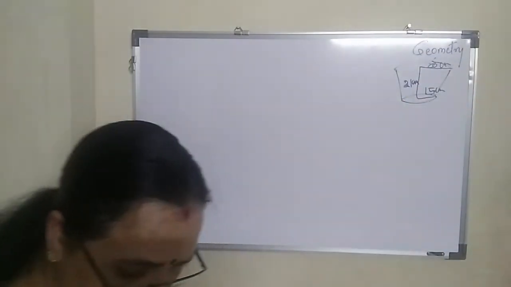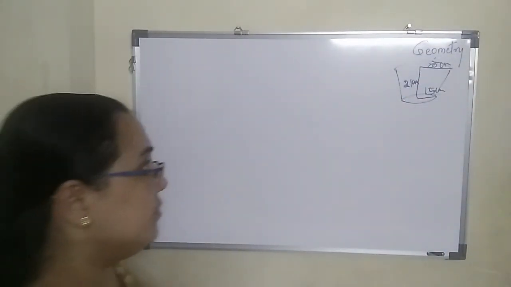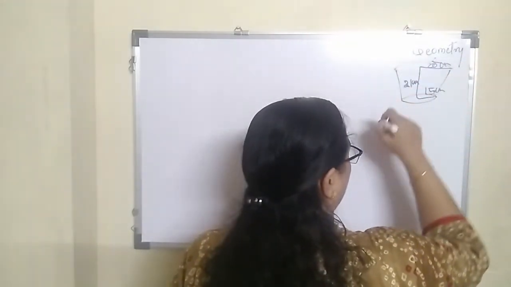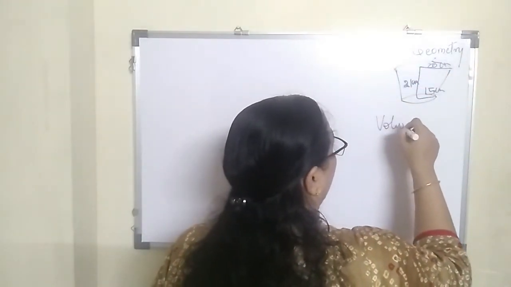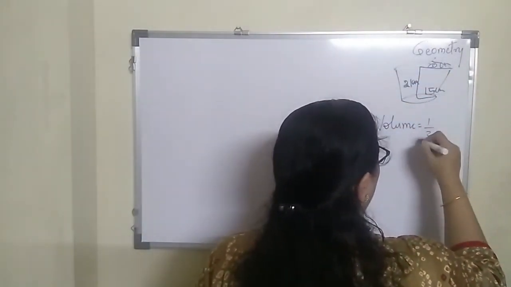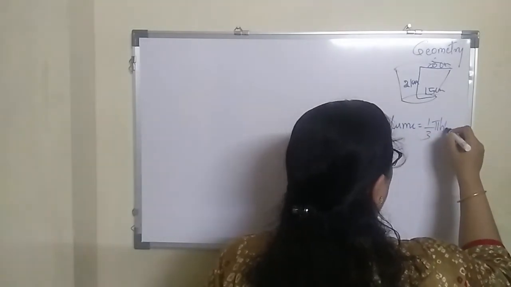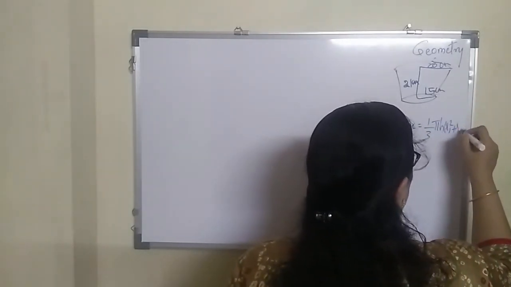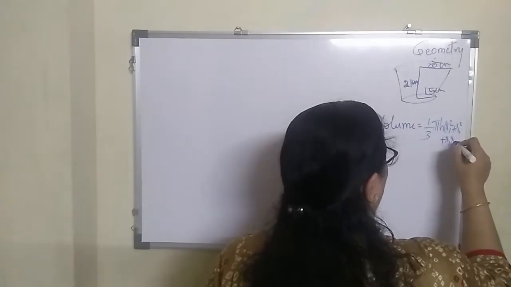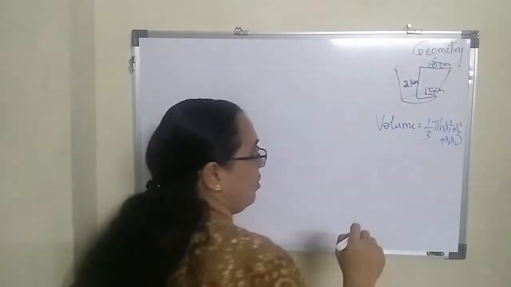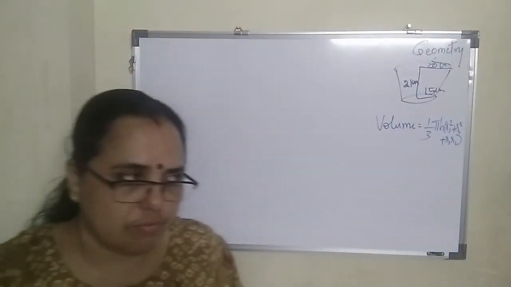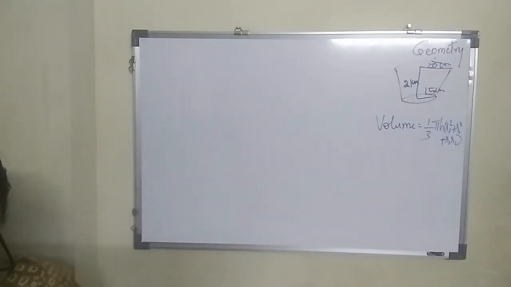Find the capacity of the tub. What is the capacity of the tub? Nothing but the volume. 1/3 pi h bracket r1 square, r2 square plus r1 into r2. Come on, substitute and complete the sum fast. And let me know what is the answer you get.